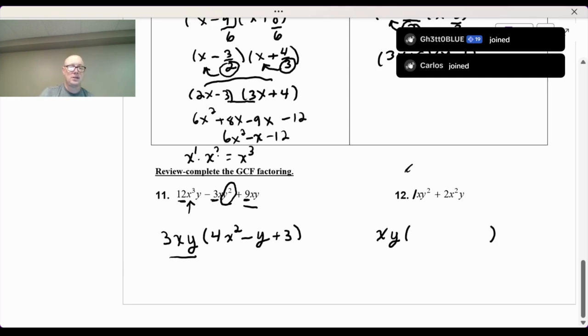I'm looking at this and I'm saying, what do I need to multiply by xy to get xy squared? I already have an x, so the x is good. I have one y, so I'm going to need another y, because y times y is y squared, which would get me that 2 there. All right.